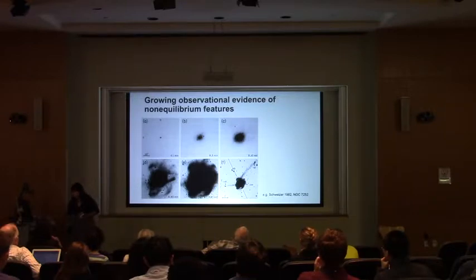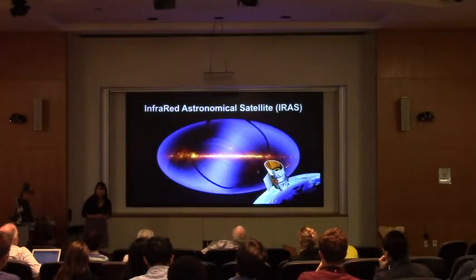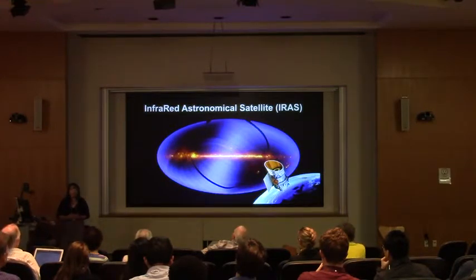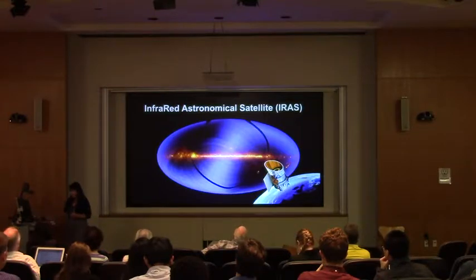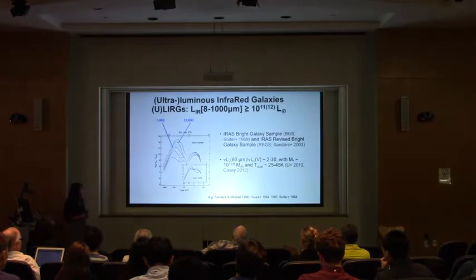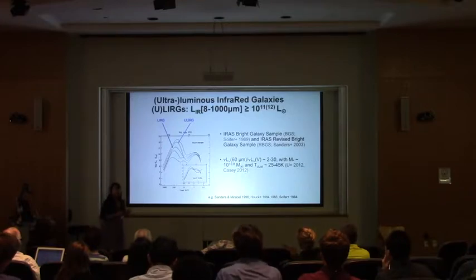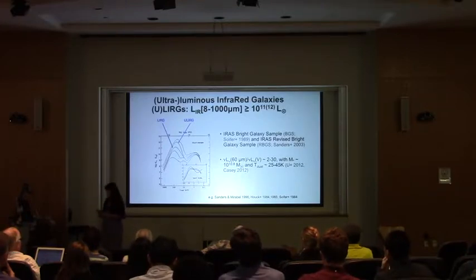So then there was a game changer. In 1983, yours truly was conceived, and also the IRAS satellite mission, the first infrared all-sky survey, discovered a new class of objects that we called luminous infrared galaxies and ultraluminous infrared galaxies. These LIRGs and ULIRGs emit the bulk of their luminosity in the infrared.